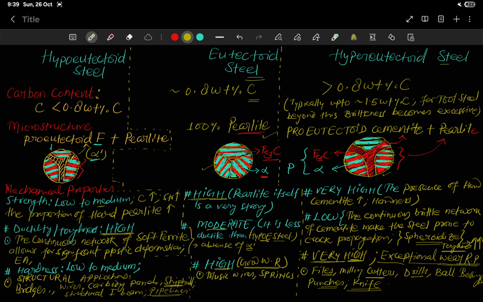In a spring, we want high compression strength, and with this it should have moderate toughness so that it recovers its shape easily. Then hammerheads, railway tracks, and cutting tools.